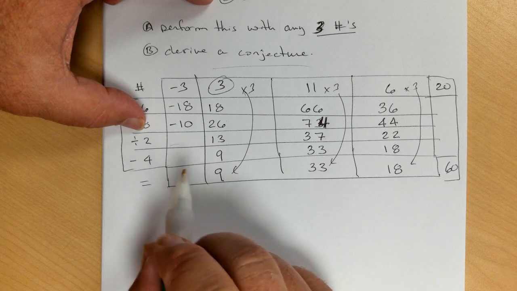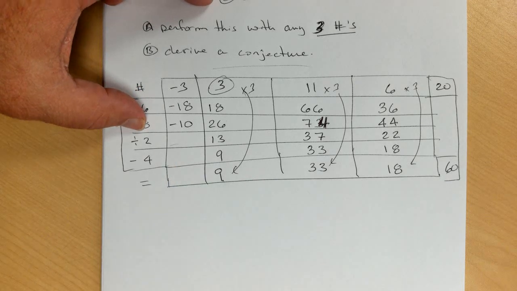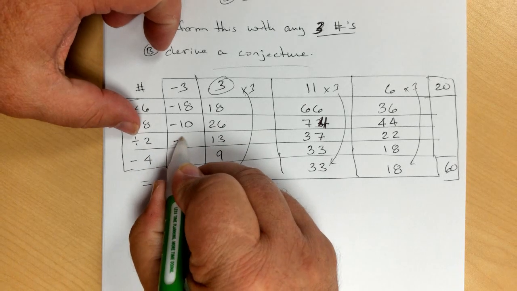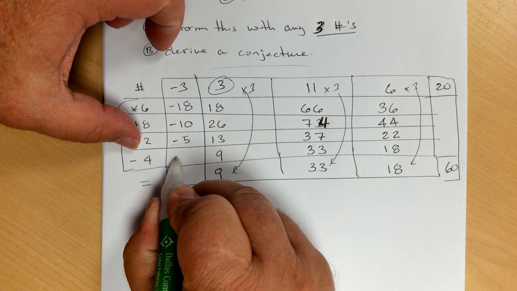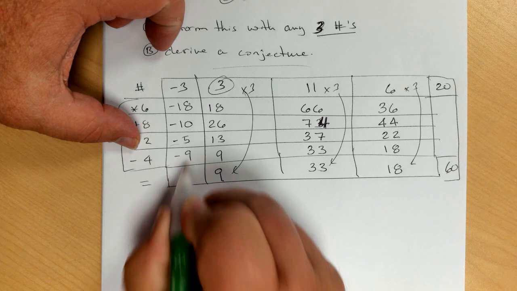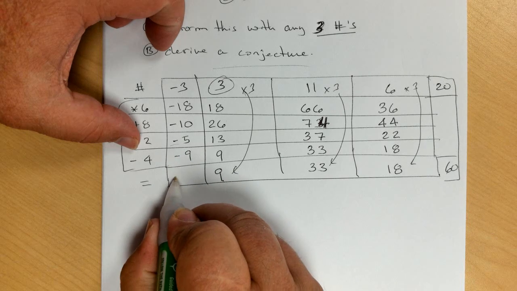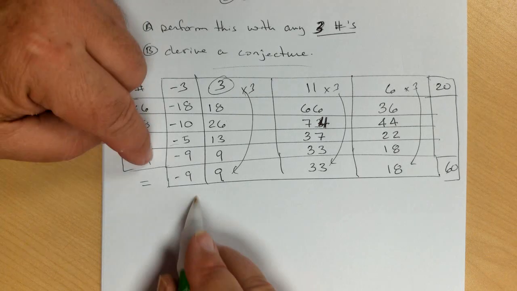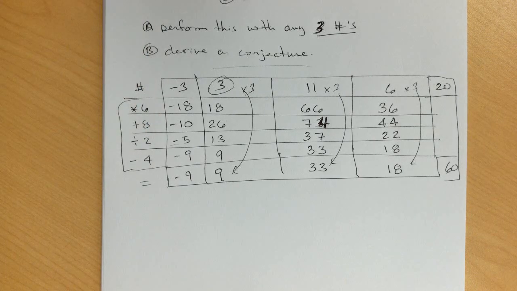Yeah, in a couple of weeks, when we do the actual math part, the number part, we'll go through all these rules. Divided by 2, minus 4, negative 3 times 3 is negative 9. So it may work for negatives, just not 0.